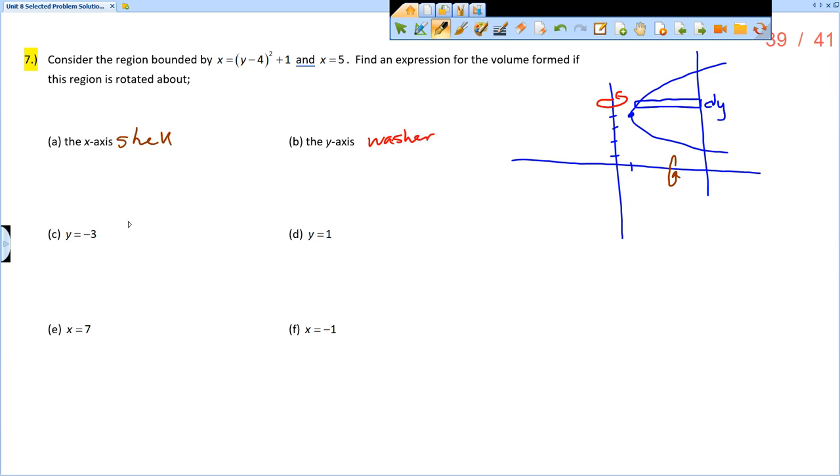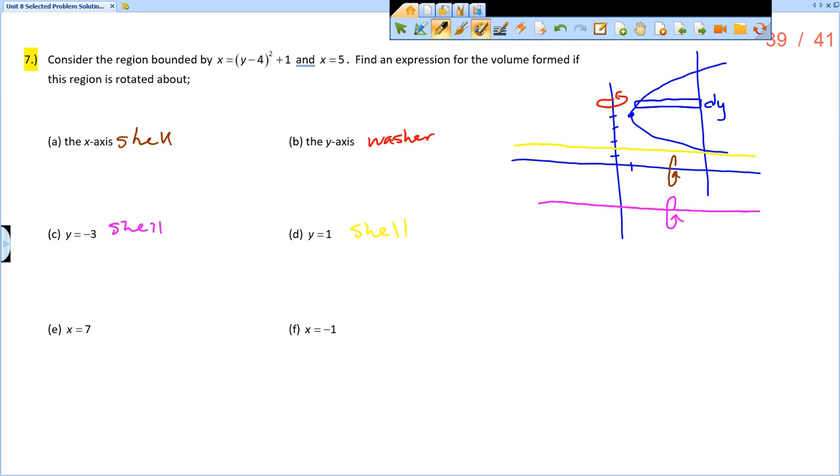All right, let's go here. y equals -3 is a horizontal line. So y equals -3, horizontal line once again, and so that is parallel, and so we're going to use the shell method. All right, let's keep moving. y equals 1 is a horizontal line as well, and so that is also going to be the shell method.